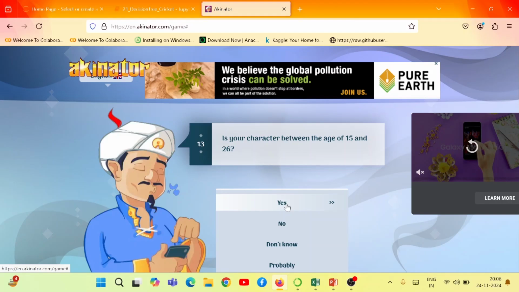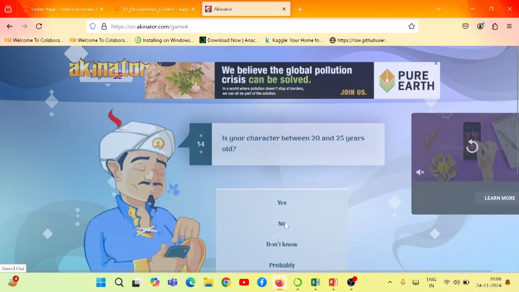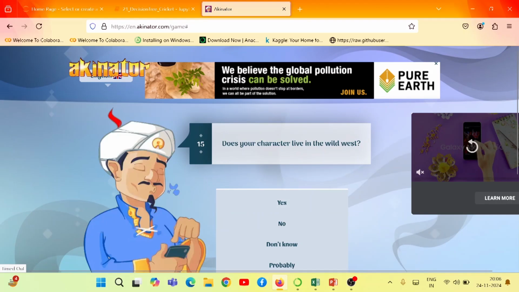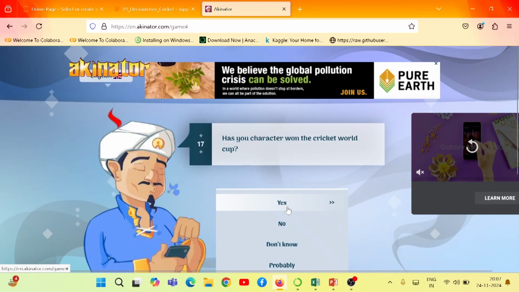Is your character between the age of 15 to 26? No. Is your character between 20 to 25 years old? No. Does your character live in the Wild West? Don't know. Does your character have a famous son? That's true, yes. Has your character won the Cricket World Cup? No.